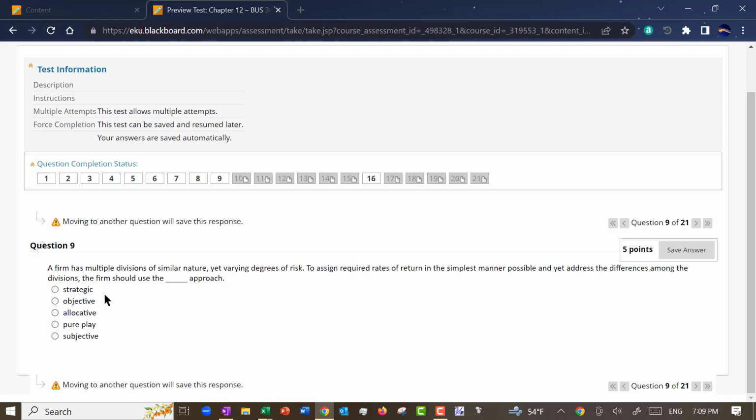This is one of the definitions. A firm has multiple divisions of similar nature, yet varying degrees of risk. To assign required rates of return in the simplest manner possible, and yet address the differences among the divisions, firms should use the subjective approach. Subjectively, you say, okay, this one is a little bit riskier.